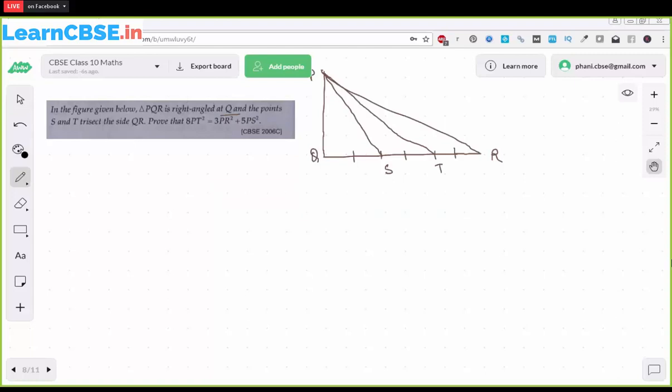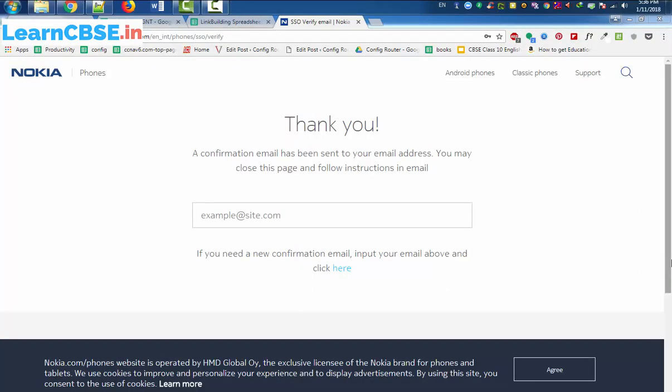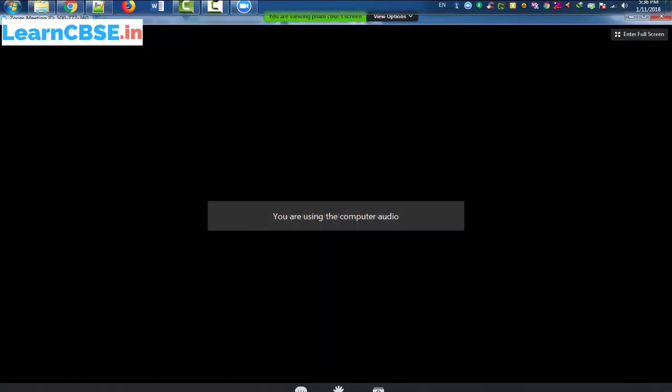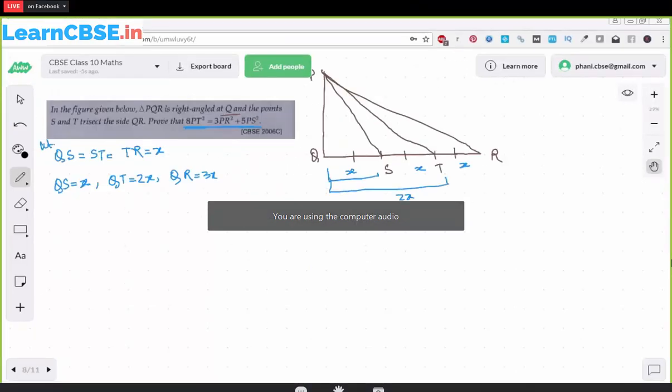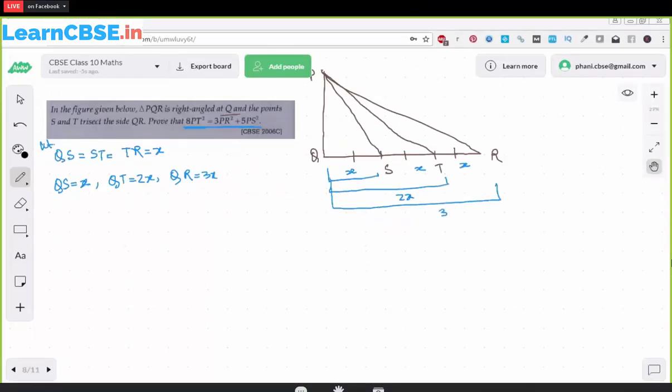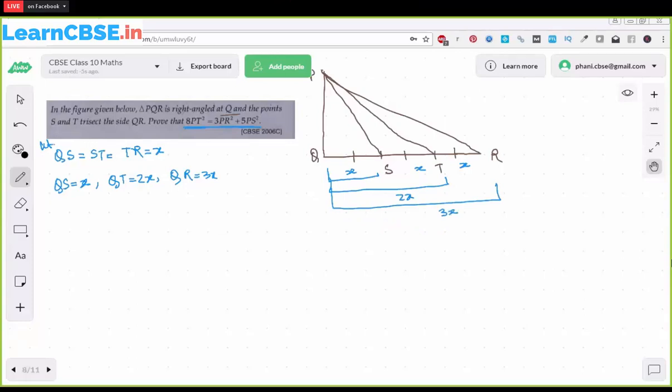First of all, we can write QS equals ST equals TR equals, we are taking it as x. So QS is x, QT is 2x, and QR is 3x.